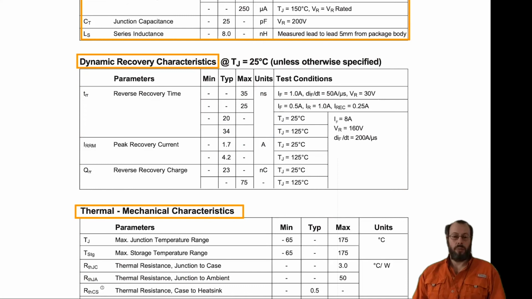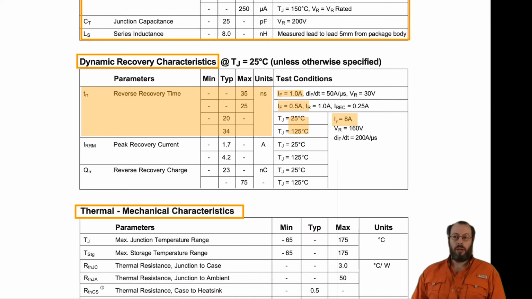Now going back to page 2 of the datasheet, we can actually find some numbers to quantify the characteristics of this triangle. The time during the reverse recovery is measured in nanoseconds. It's again highly dependent on the temperature, but also on the amount of current the diode was conducting before it reversed. So here are some numbers for 1 amp as well as for 8 amps.